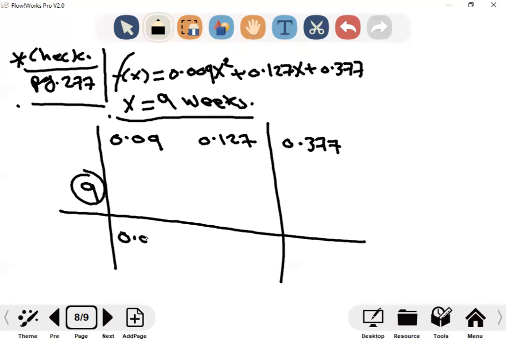Calculator. Here 0.009. Right? This comes down. 9 times 0.009, how much? 0.081 plus 0.127.